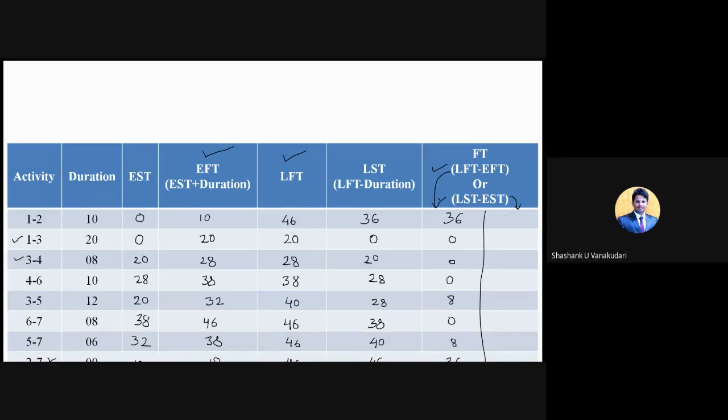Now how much is it? 36, that is LST minus EST. LST 36 minus EST. This value and this value.